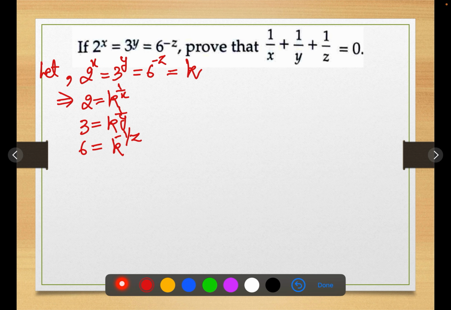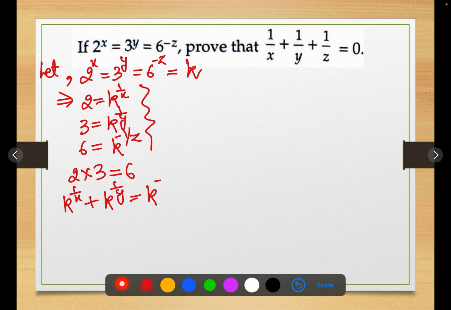Now, also I know that 2 into 3 is equal to 6. Put all the values from here in terms of k. So, k to the power 1 upon x, k to the power 1 upon y, and k to the power minus 1 upon z. Oops, I have written this as plus. This is multiplication. Okay. So, since it is multiplication, the powers will be added.